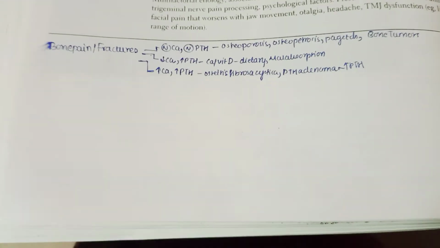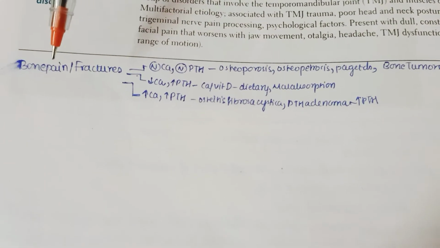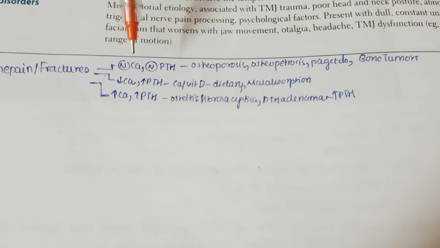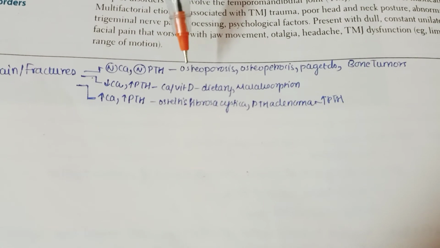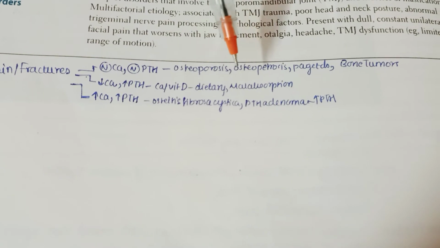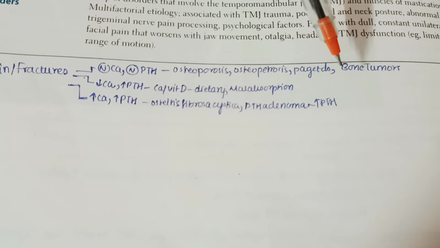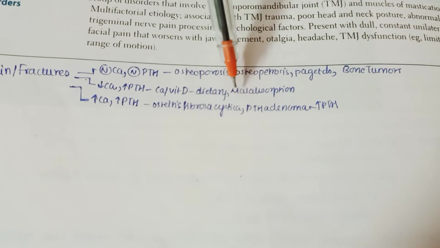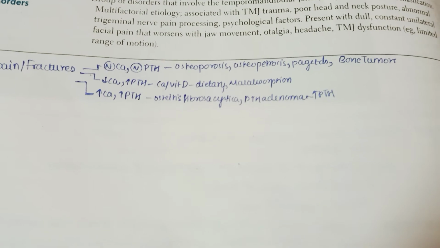In summary of all these bone diseases, we can just remember this flowchart. Whenever there is bone pain or fracture, if there is normal calcium and normal parathyroid, that is in osteoporosis, also in osteopetrosis and Paget's disease, and also in bone tumors. In all these conditions, there will be normal calcium and normal parathyroid.